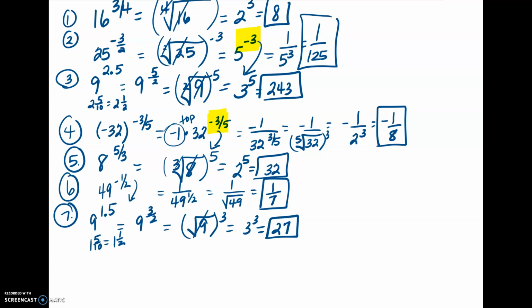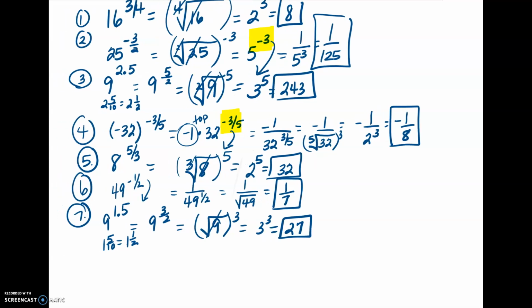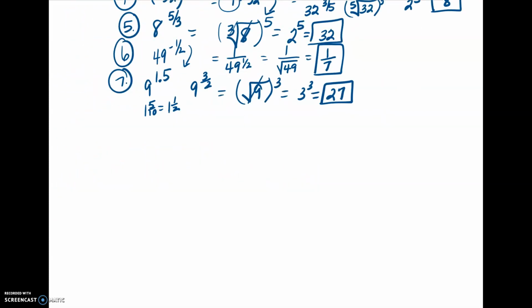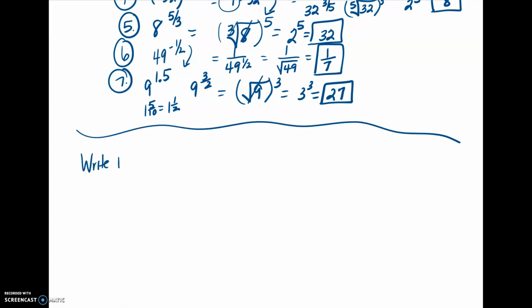All right, now we're going to convert from radical form to exponential form. I'm just going to say write in radical form. So go to your next page if you need to. Oh gosh, I didn't mean to do that. I'm just going to draw a line. Write in exponential form.